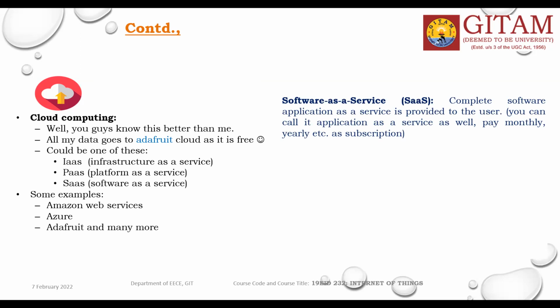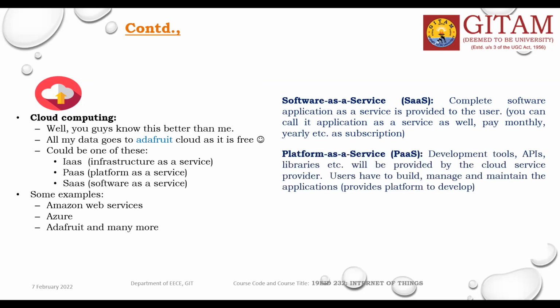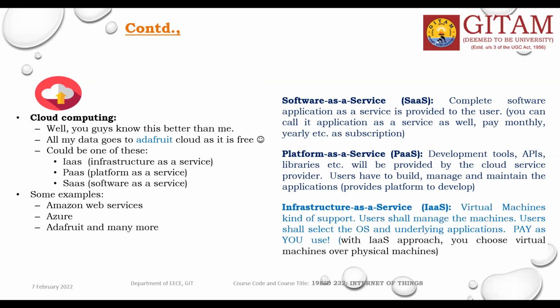And here is SaaS. SaaS means software as a service, so a complete software application is provided as a service to the user. PaaS means platform as a service, so development tools, application interfaces, libraries, etc. come under PaaS.